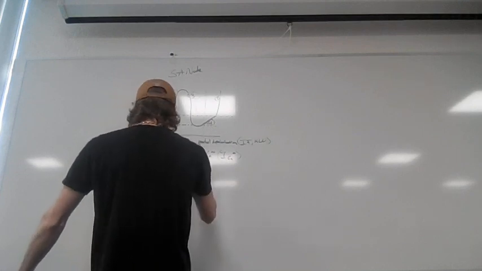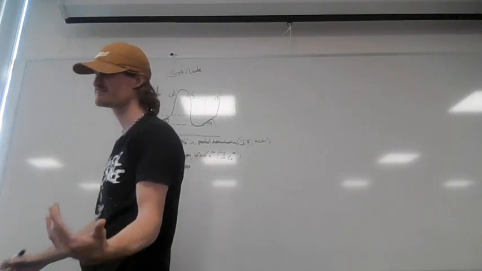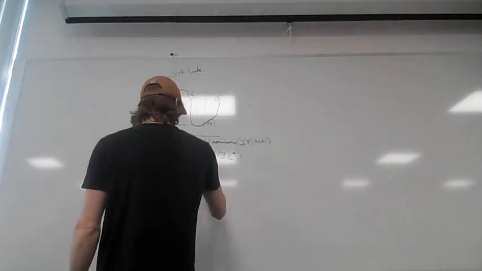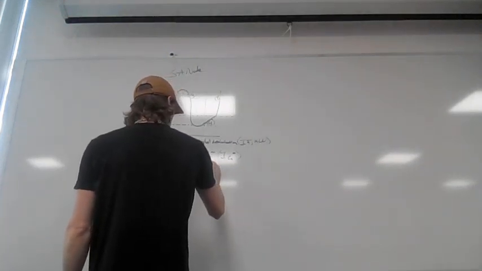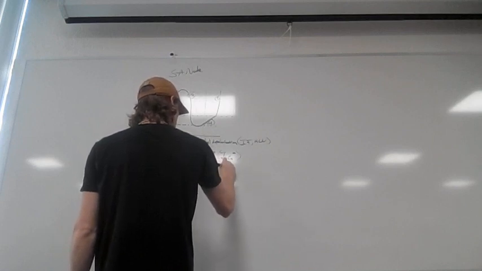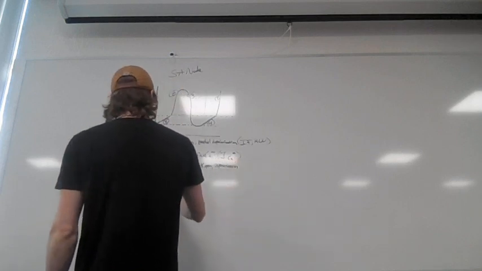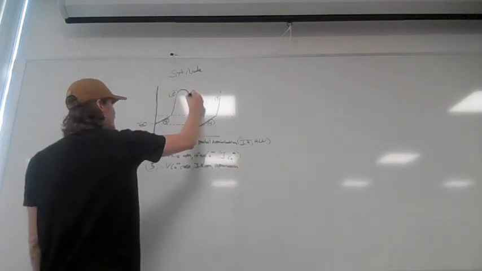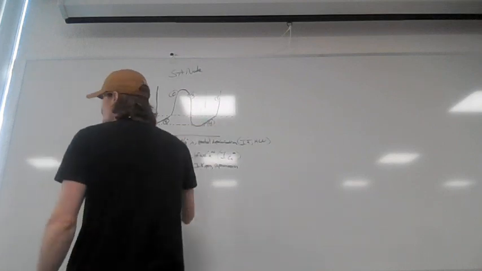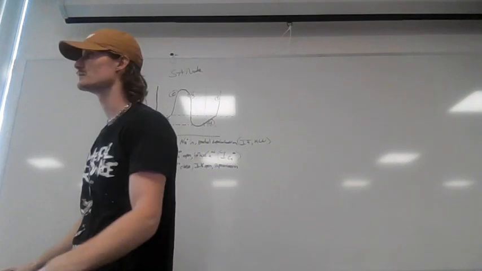This will cause a repolarization of the cell because now the IK, the potassium channels, are going to open, causing a repolarization of the cell. And we're going to start dropping back down. And once we drop below threshold, the potassium channels are going to close.